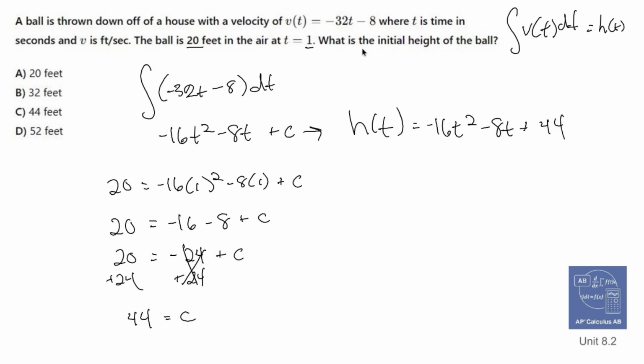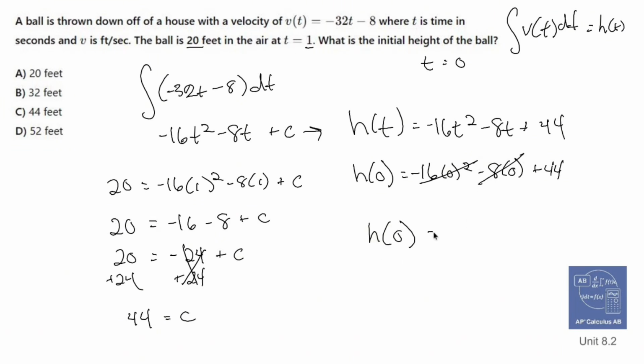Now, my job is to find the initial height of the ball, which means when time is 0. So h of 0 is negative 16 times 0 squared minus 8 times 0 plus 44. Adios, goodbye, and h of 0 is 44 feet in the air. And the answer is C.